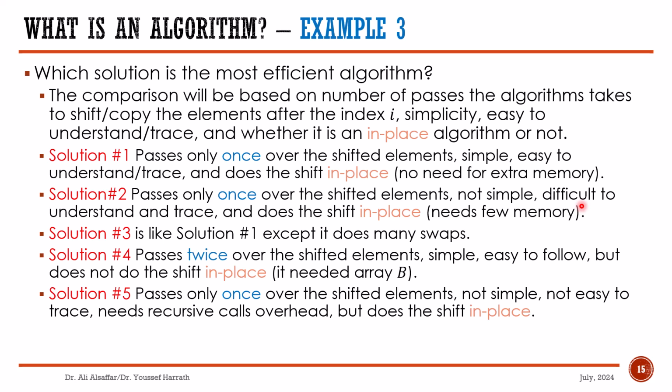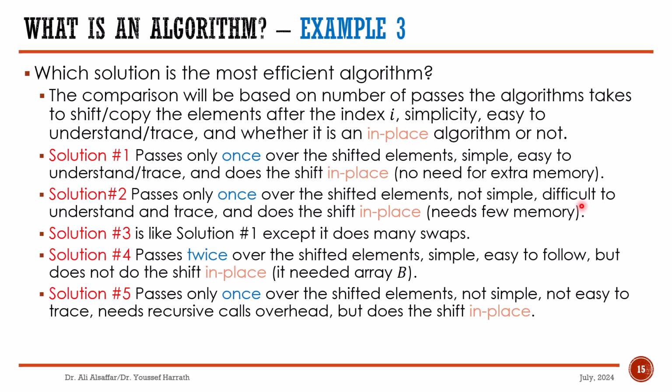The algorithm needs recursive calls overhead. When this happens, the local variables and the parameters of the algorithm are pushed on the stack for every recursive call. The algorithm is considered as an in-place algorithm because it does not need any extra memory units for shifting the elements.